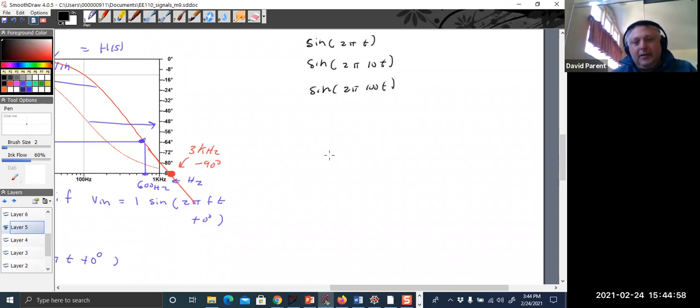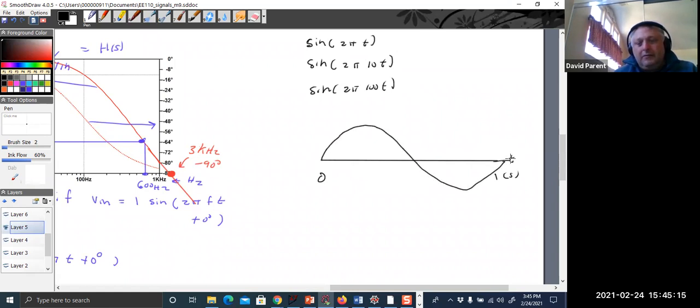All right. I'm just going to call this 0 to 1 second. Great. It's a little bit sloppy, but you know it's a sine wave. Now this one is 10 times faster. So 1, 2, 3, 4, 5, 6. So that's 2, 4. So now this is really messy, even at 10, right?